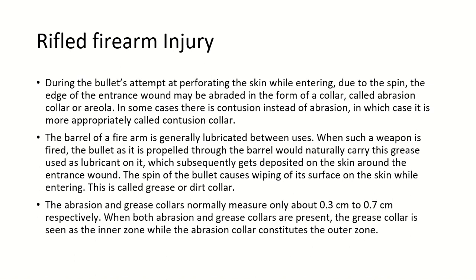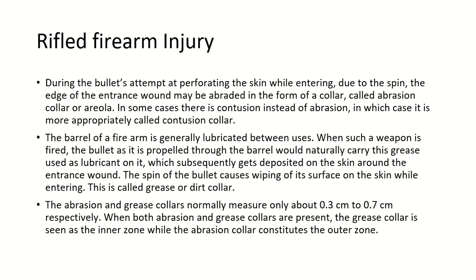There is also grease that can be observed on the entrance wound, because the barrel of the firearm is lubricated between uses. So when the bullet is propelled out of the barrel, it carries the grease or lubricant, which gets deposited on the entrance wound, and this is known as the grease or dirt collar.